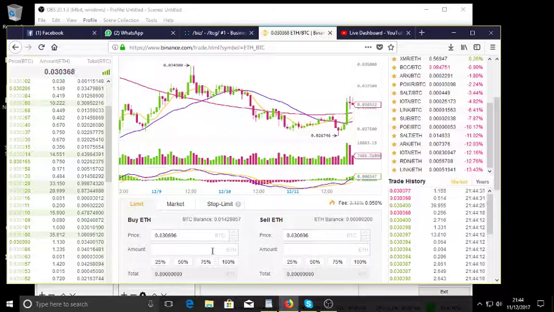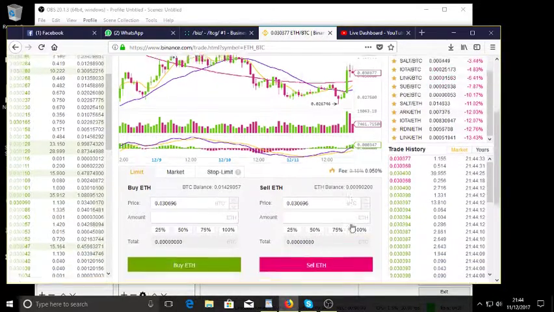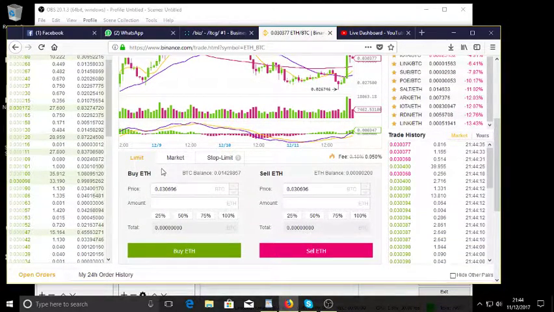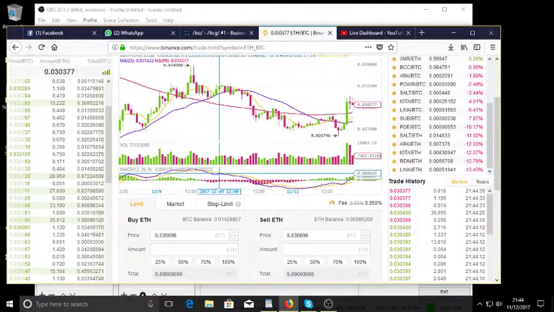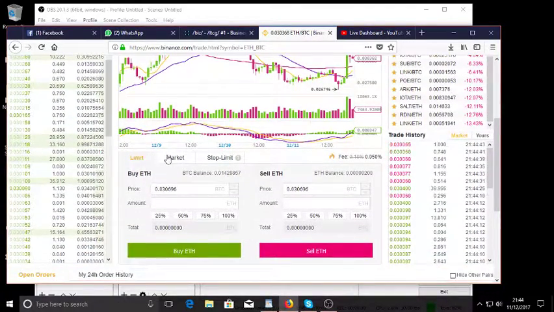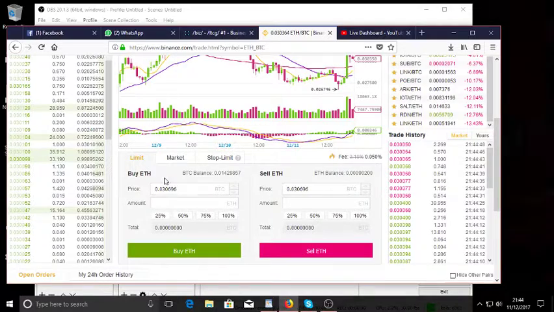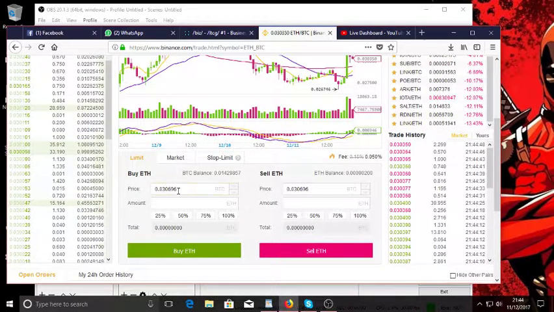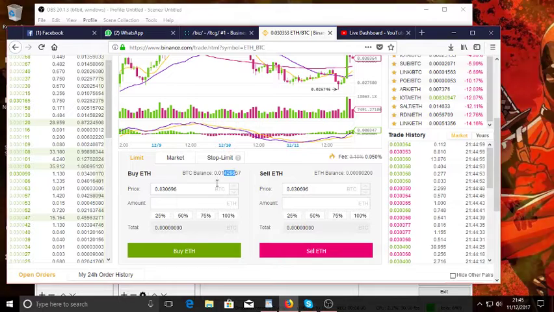Okay, now the next thing we're gonna do is look at how to actually buy and sell crypto using Binance. So here we have your order book. This is to put a limit order. So at a certain Bitcoin price, I will put an order to buy a certain number of Ethereum with my Bitcoin balance.